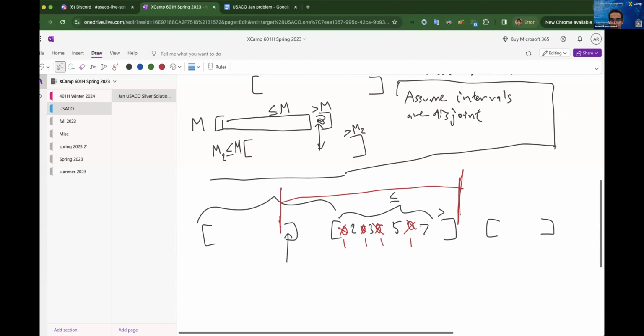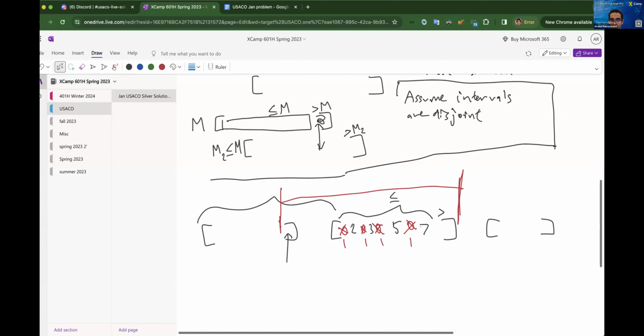If this is a prefix maximum M, then this is the first element that's greater than M, and all of these elements are less than or equal to M. So this element is less than or equal to M. Let's say this is M2, so the prefix max here is M2, which is less than or equal to M, and this is the first element that's greater than M2.